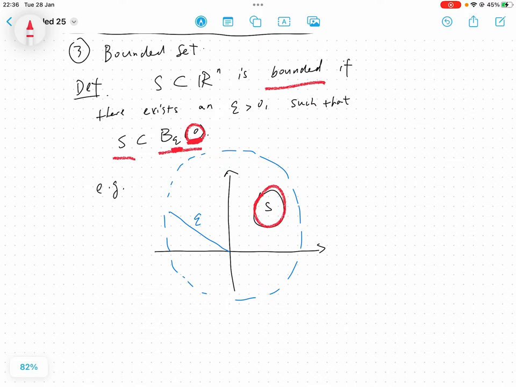Something important to notice here is the difference between boundedness and the other notions that we have seen before.